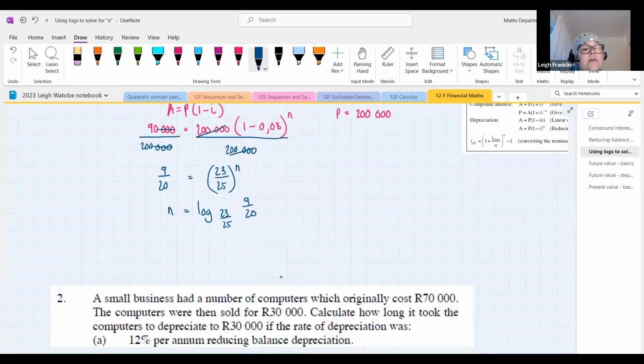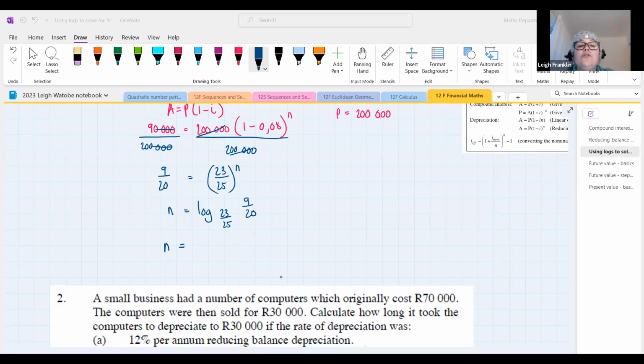What are you guys getting as an answer? There we go, 9.58, 9.57. So just be careful. It's 9.58.